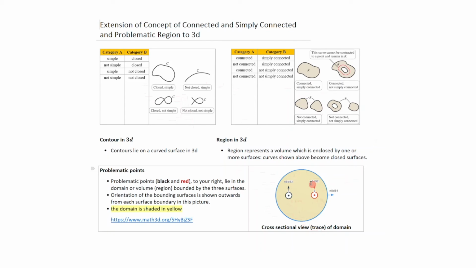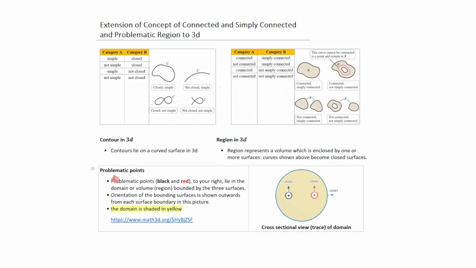But this is a trace. So a contour in a trace format would represent a hollowed-out sphere or closed object with a closed surface, which excludes the point that's problematic. So if we had two problematic points, you'd have these two hollow spheres embedded within the object, and then you have the external sphere. Everything that's shaded here in a yellowish color is considered to be the region.